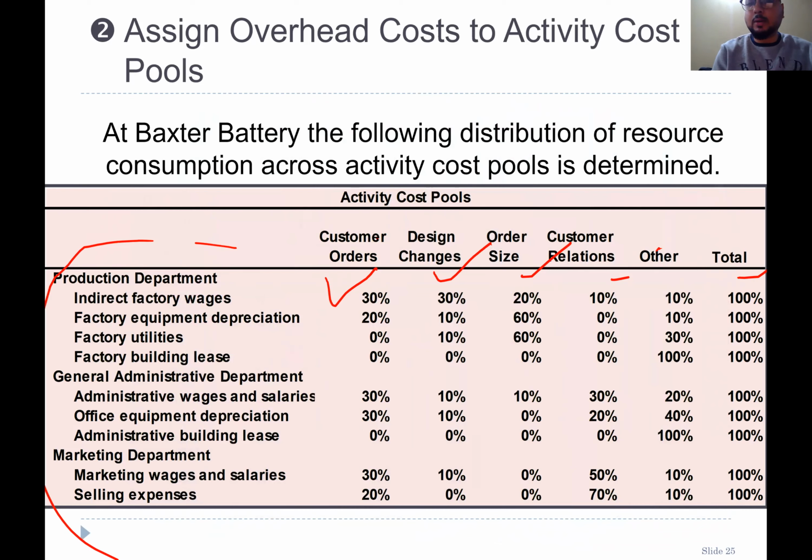We categorize on 5 activities, 1, 2, 3, 4, 5, and each process is divided into 5 categories. So the indirect factory wages are divided into 30% customer order, 30% design changing, 20% order size, 10% customer relation, 10% other sustainable activity.